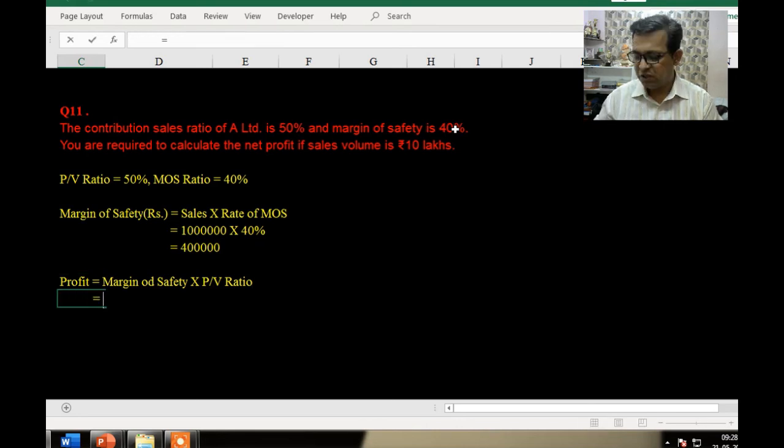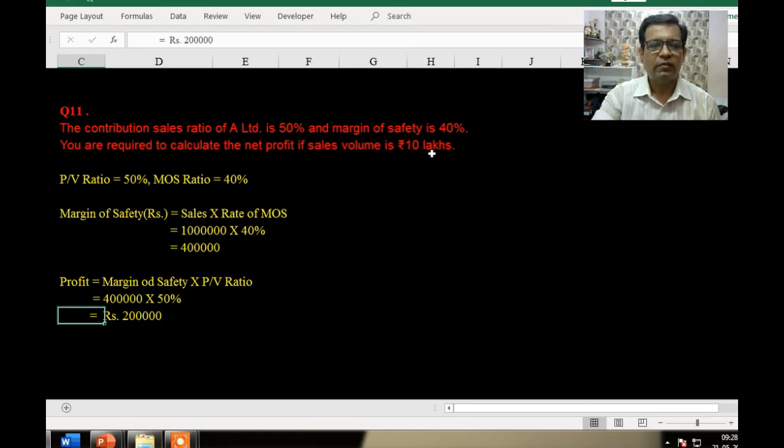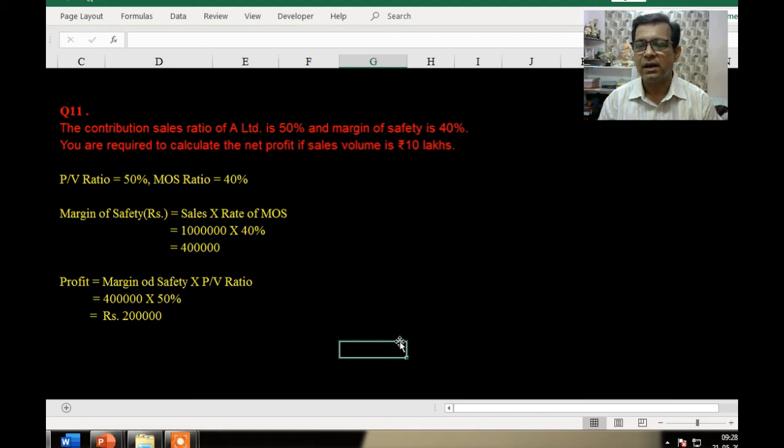Margin of safety, we have just now seen, is 4 lakh, and PV ratio is given to us ready-made in the question at 50%. So if we look at this carefully, 2 lakh rupees is what we are getting as the answer. Rupees 2 lakh. All right, so we have got the answer of rupees 2 lakh, and that's it. It's done, guys. It's as simple as this.